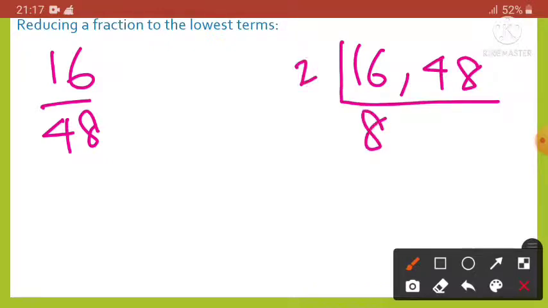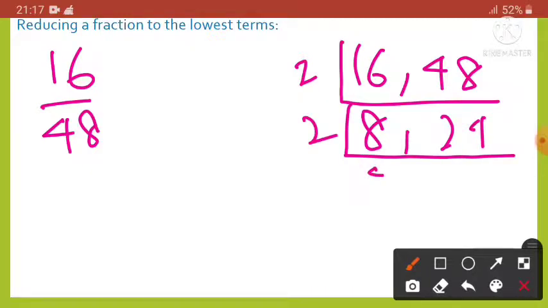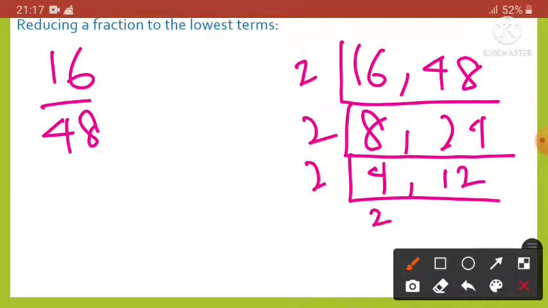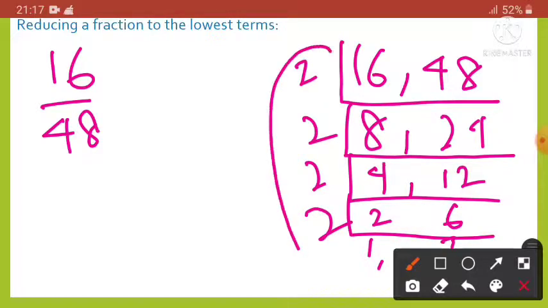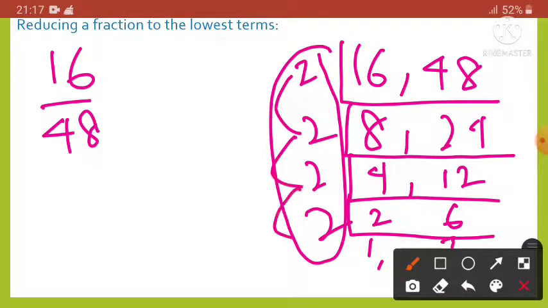It will be 8 and here it is 24, then it will be 4 and 12, then it is 2 and 6, then it is 1 and 3. Okay, so what is the HCF? We have to multiply all this. So 2 into 2 is 4, 4 into 2 is 8, 8 into 2 is 16. So the HCF of 16 and 48 is 16.